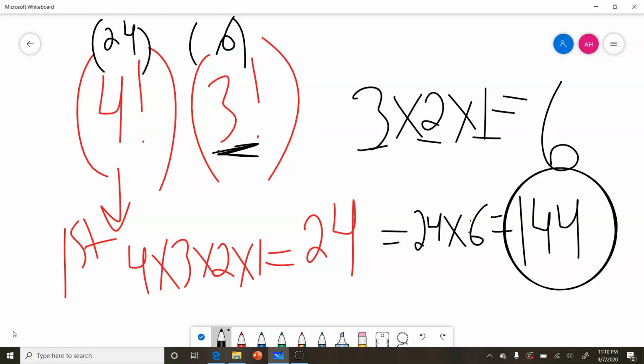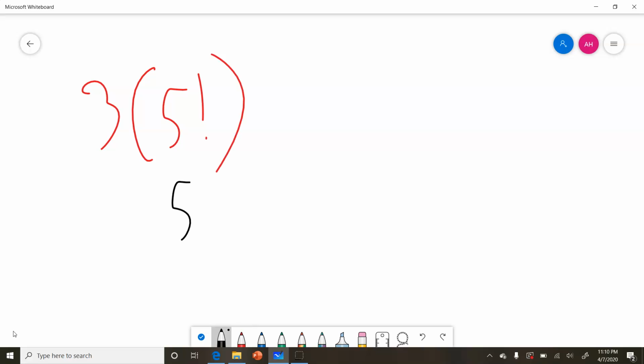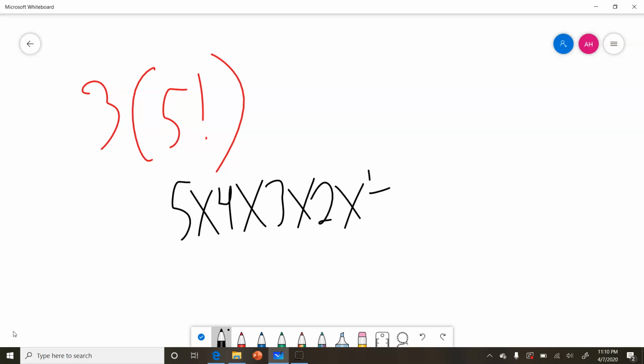If it has multiple, I'm going to do one more real fast just to show you, and then I'm going to get into the more complicated part of our lesson. One of these problems might be 3 times 5 factorial. I always do the factorial first, so I do 5 times 4 times 3 times 2 times 1, and we already did that. That was 120.